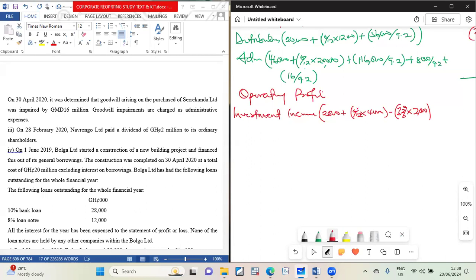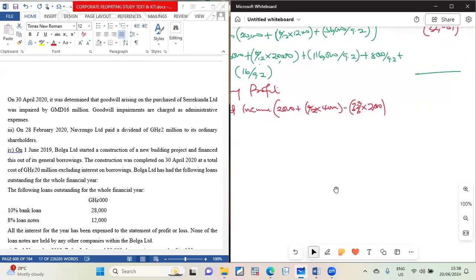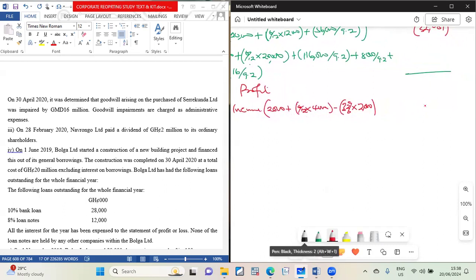So if I do 2,000 plus another 2,000 minus, in brackets, 0.32 multiplied by another 2,000, I have here 3,360. So that is how you deal with the investment. So here is 3,360. So you have to be very careful. You see how tricky that thing can be.